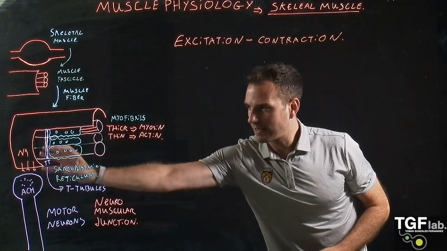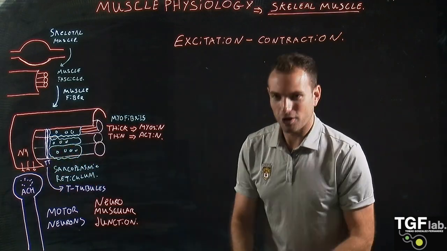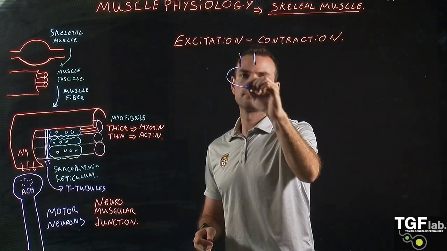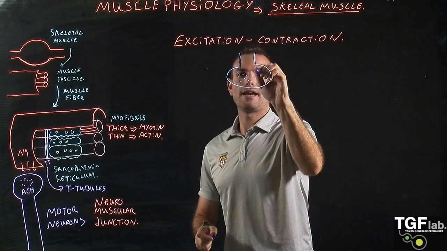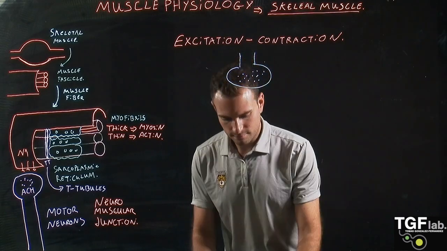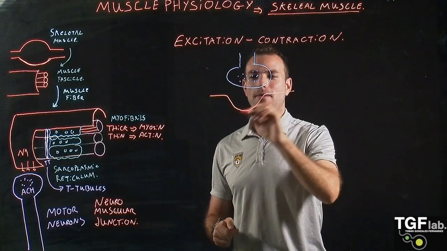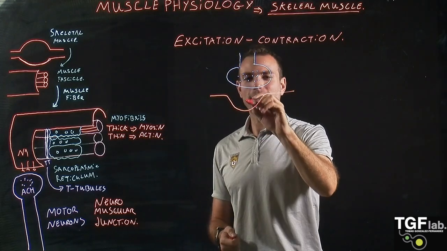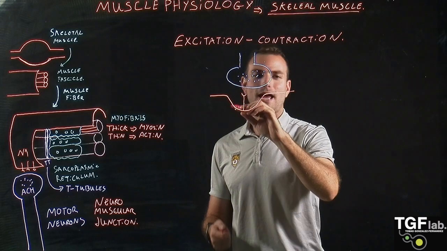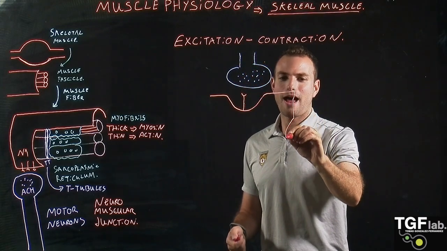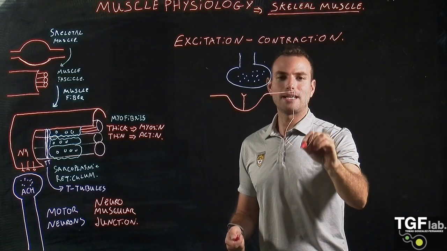So let's get this a bit bigger here. So we are going to have our motor neuron with the acetylcholine. And then we are going to have our myofibril membrane here with our receptors, the N1 receptors, nicotinic receptors. And then we are going to have these T-tubules.